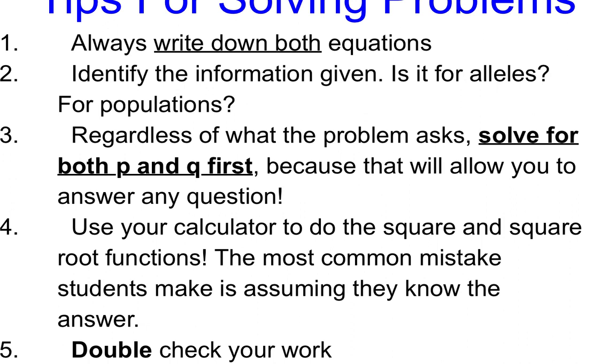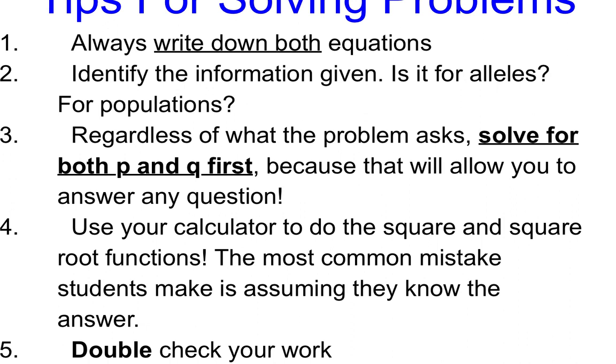I always write down both equations at the top, and then I identify the information that's given. Like, am I given the allele frequency in that population? Regardless of what the problem asks, I always solve for both P and Q first, because I know that's going to allow me to answer the question or part of the question. And you can use a calculator while doing this.